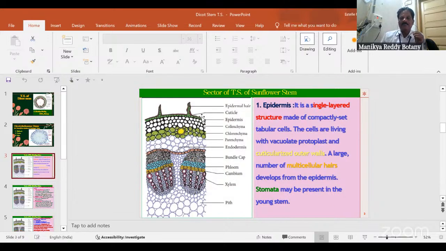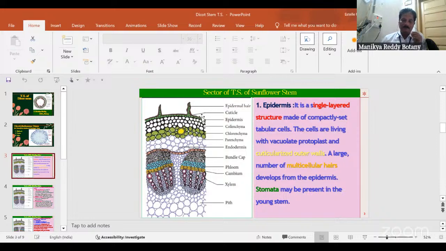When the stem is very young, the epidermis also may show few stomata. Stomata are minute microscopic aerating pores. They help in exchange of gases as well as in transpiration.